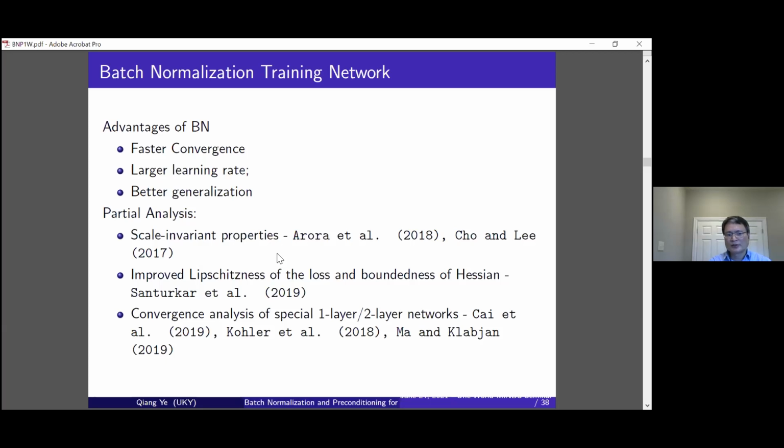A few things we know are that it is invariant to scaling of the weight and bias, and that it improves the Lipschitzness of the loss, that is, it improves the Lipschitz constant of the loss and the bound on the Hessian. Full convergence analysis has only been done for some very special networks, like least squares problems for one-layer or two-layer networks.